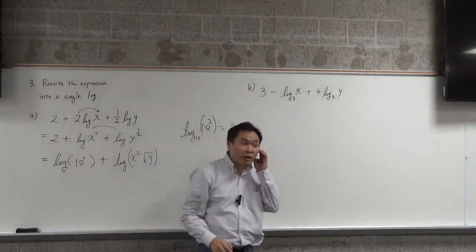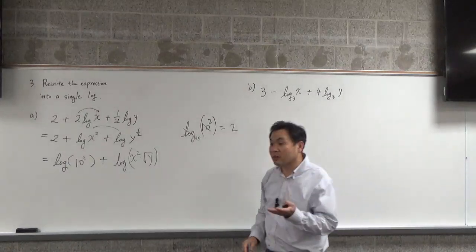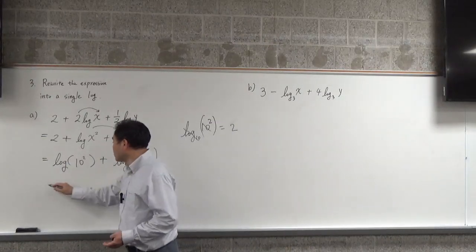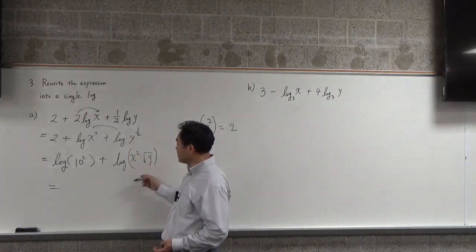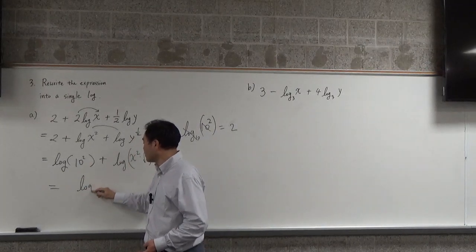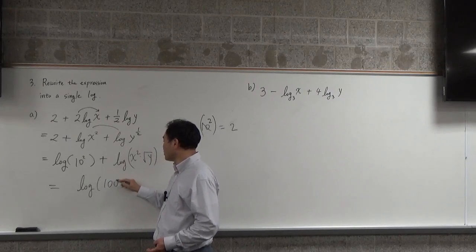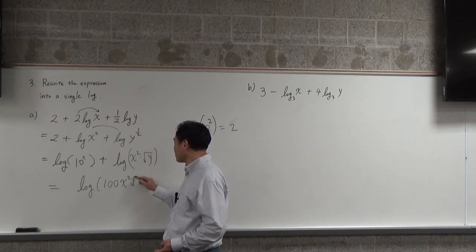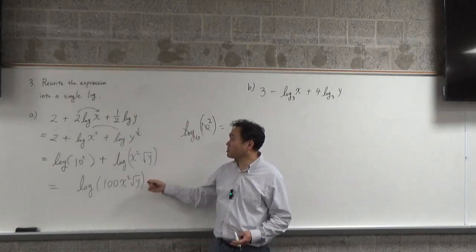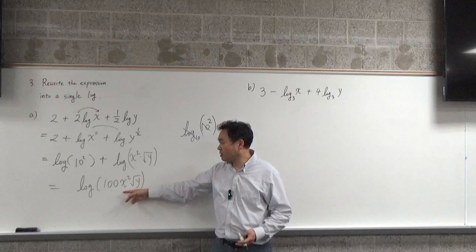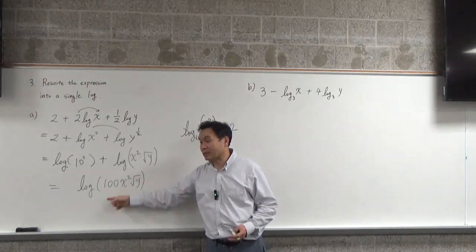But what is 10 squared? That's 10 times 10, which is 100, right? So you end up with log of 100 times this thing. So as a single log, it will be 100 times x squared times square root of y. Okay. Now I have expressed everything as log of a single item, right?